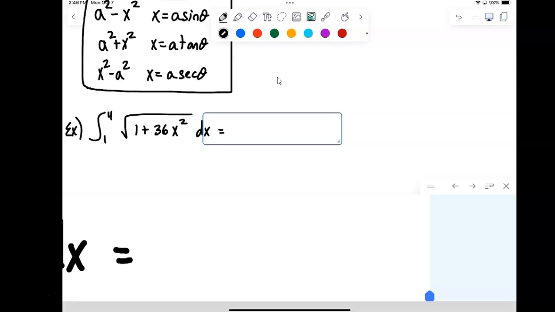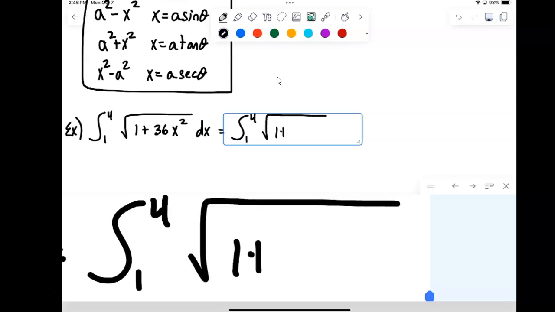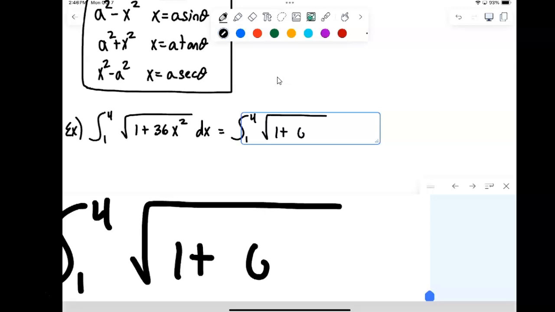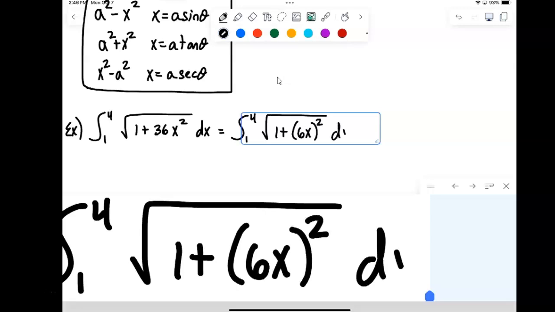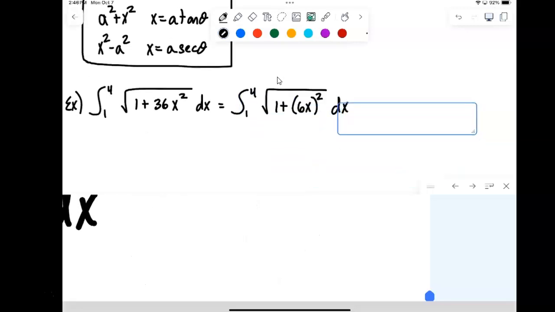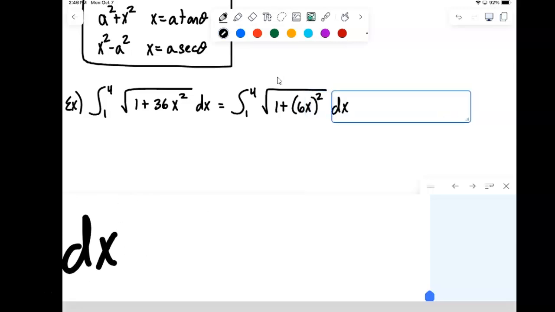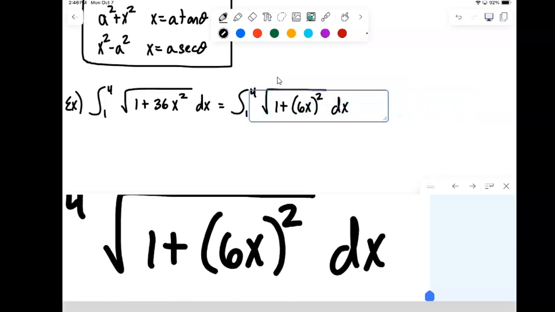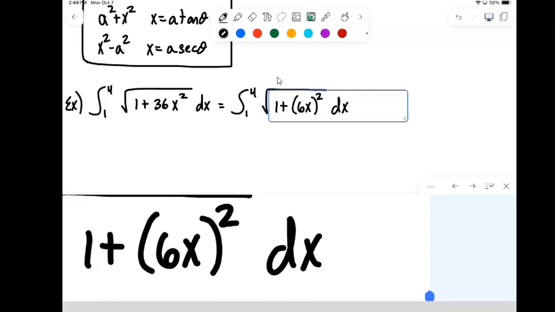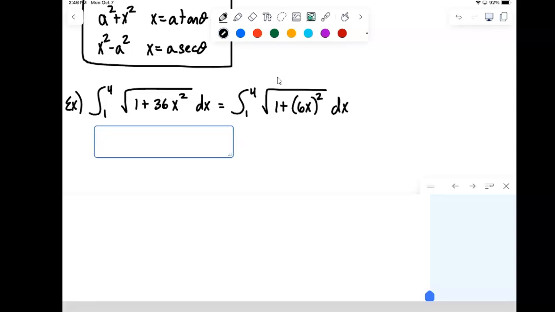So then I can do this process: the integral from 1 to 4 of the square root of 1 plus 6x quantity squared dx. Now we could take a moment and switch over from x to u, but there's no need to do that. Recognize a here is 1 and the stuff inside there is 6x.